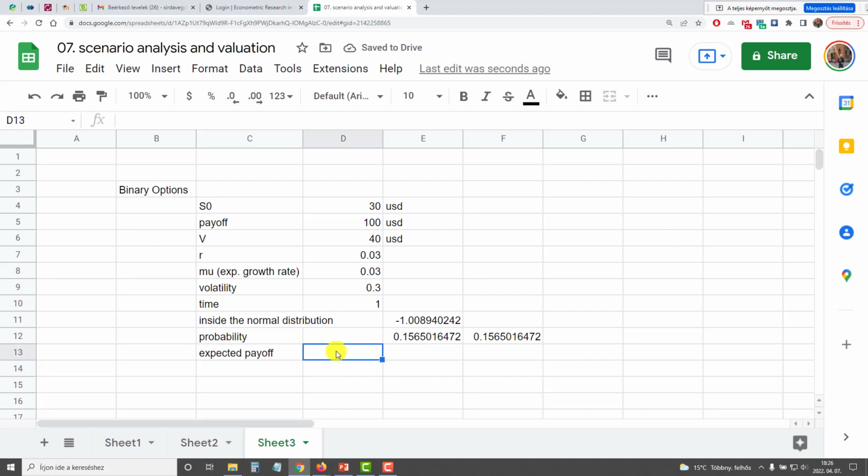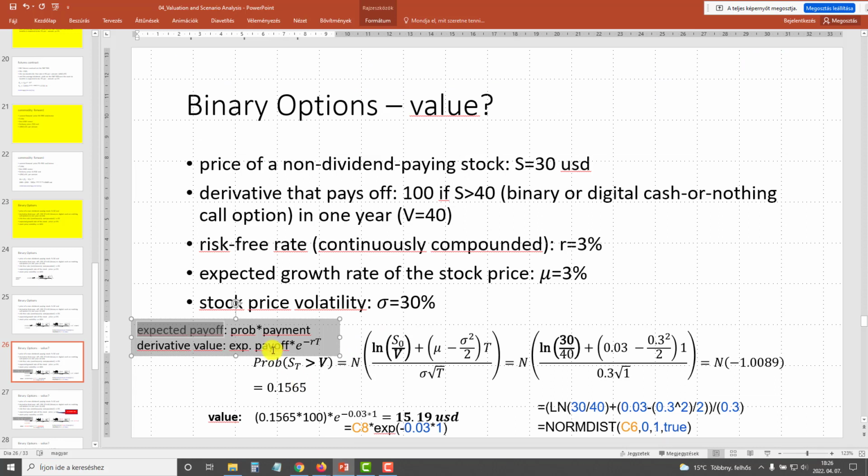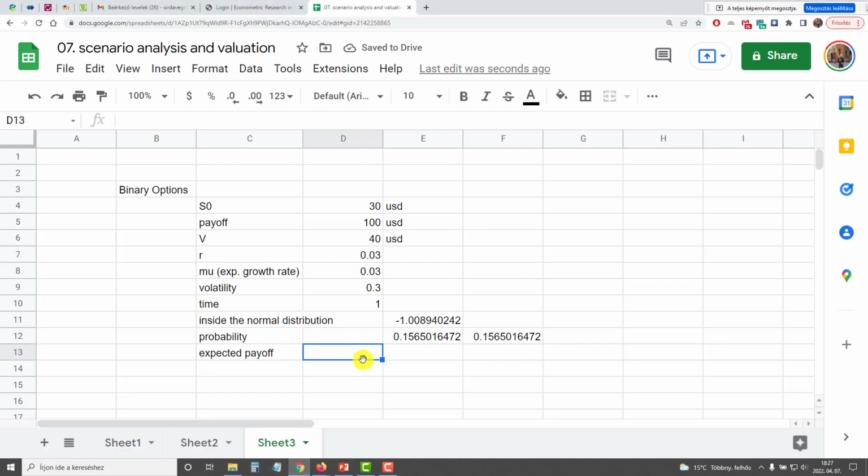And it's quite simple because, okay, what do we have here? Probability, we did this, it's 15% or 16%. Then we have the payment, this nice 100 of money, and after that we just have to take the present value of this one. So well, let's use the steps.